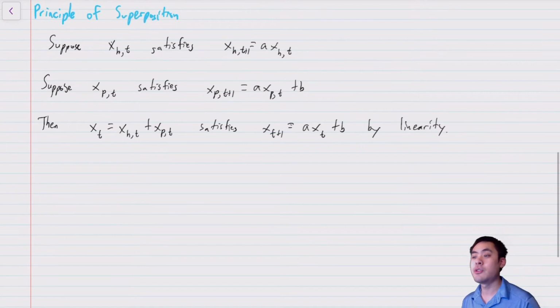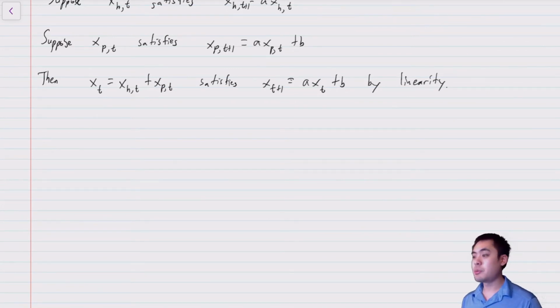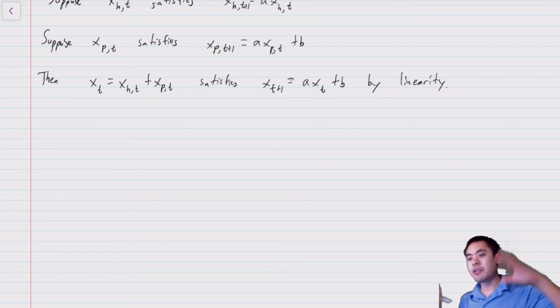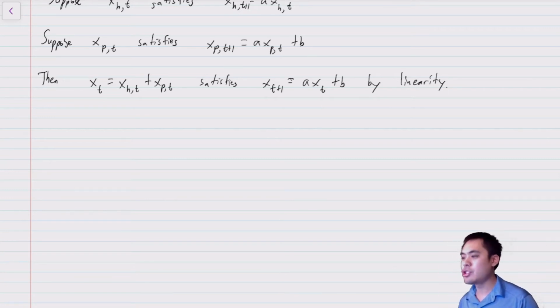And this turns out to be true for higher order linear equations as well, as we'll see in the next section. But now that we have the principle of superposition, we can do clever things, like solve for the homogeneous system and then just maybe guess a particular solution, and that allows us to get a general solution for the original problem.